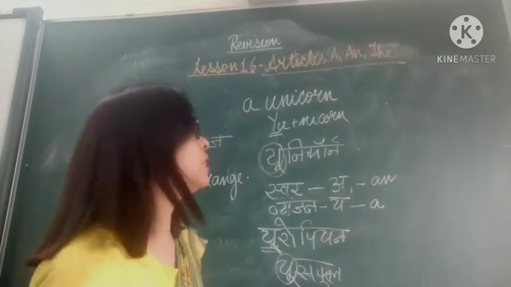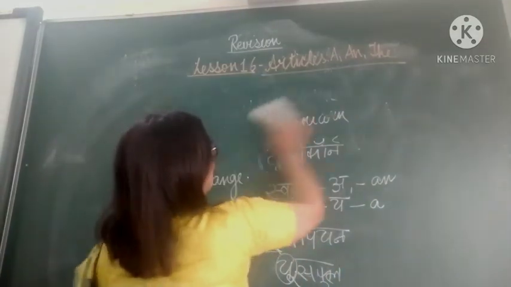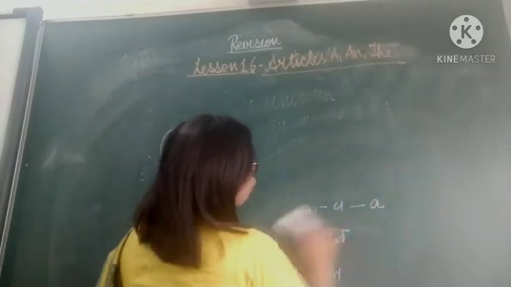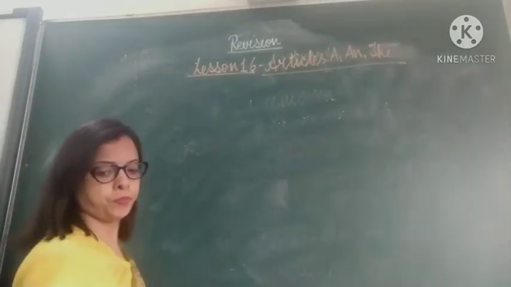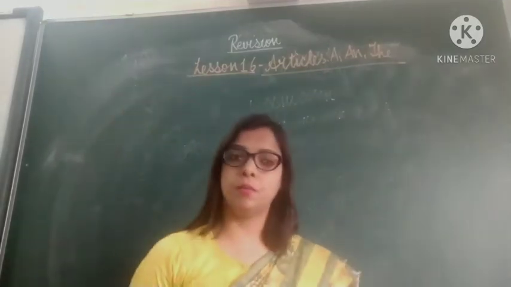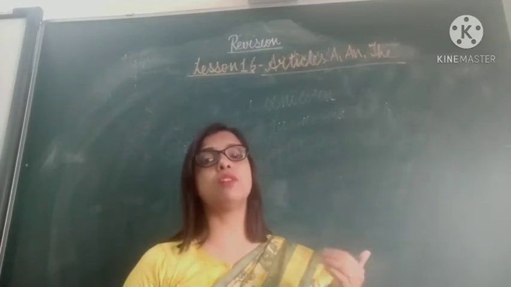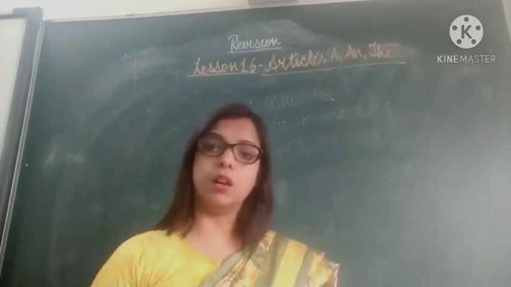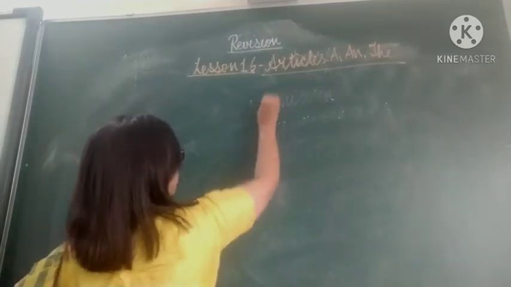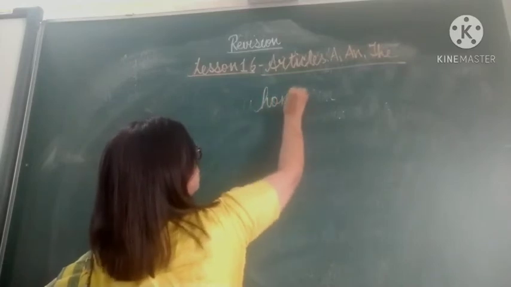Now let's see some words that have a vowel pronunciation, but still we don't write an. They are starting with consonant, but still we are not writing a. Example, honest. He is an honest man.